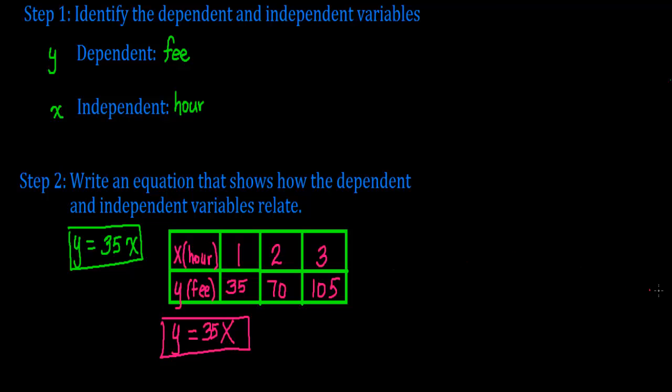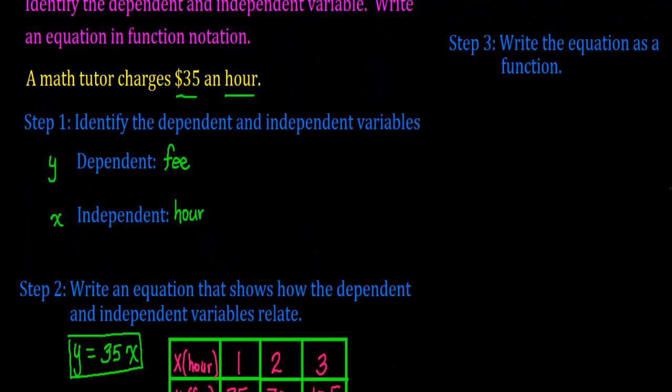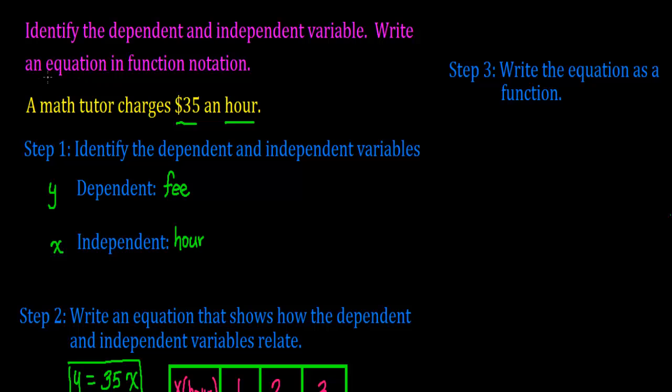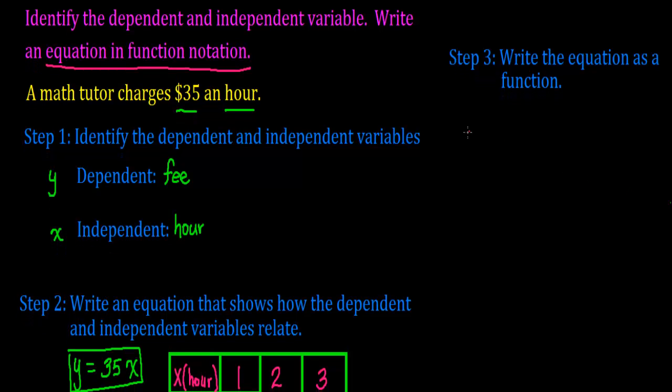Now, my third step is, because the instruction says, write an equation in function notation. Remember, we had said in class that when y depends on x, that meant that y is a function of x.